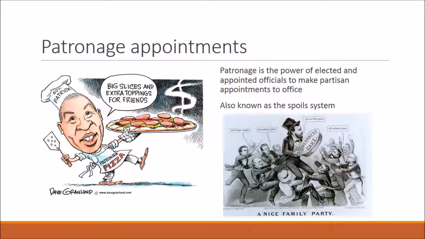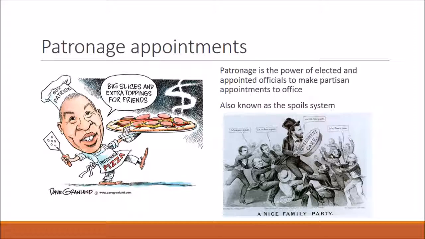Patronage appointments have been a long-standing practice at all levels of government for literally hundreds of years. Patronage is the power of elected and appointed officials to make partisan appointments to office or to confer contracts, honors, or other benefits on their political supporters. The cartoon on the left is of Governor Deval Patrick of Massachusetts. He's been criticized for offering his friends patronage positions, including contracts and other rewards.